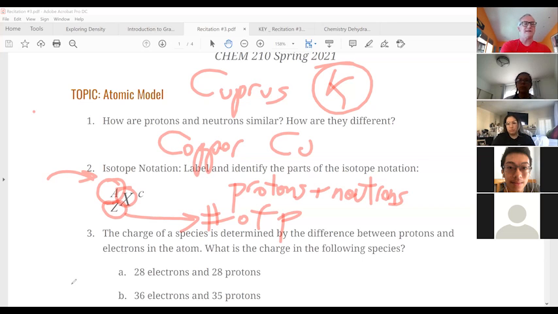Lead, for instance, is Pb because it was called plumbum by the Romans, who used it for their plumbing. It's a good and a bad element for plumbing because it's a soft metal. If there was a hole in a pipe, you could put another piece of lead on it and hammer it, and it would seal it up.